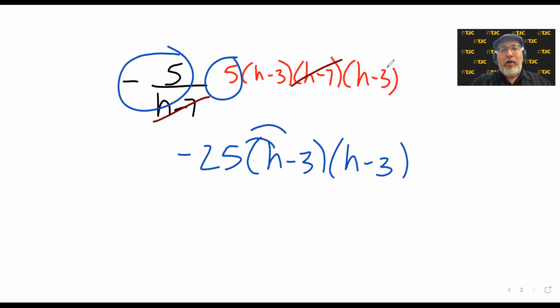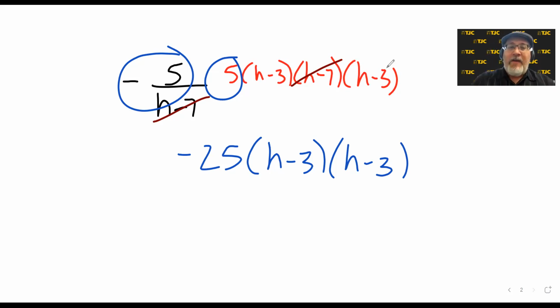Is it a distributive property? If it is, do you distribute on the front, on the back, or on both? Is it a FOIL problem? And if it is, what do we do with the negative 25? But I'm pretty confident that I mentioned this in a previous video. When you're multiplying and you have the distributive property and FOIL first.